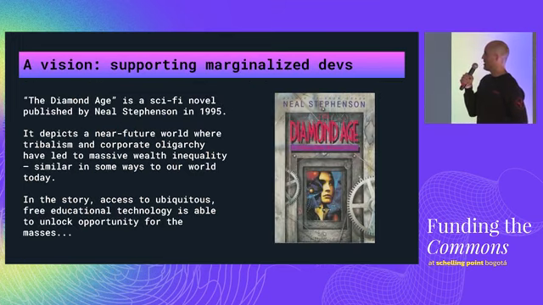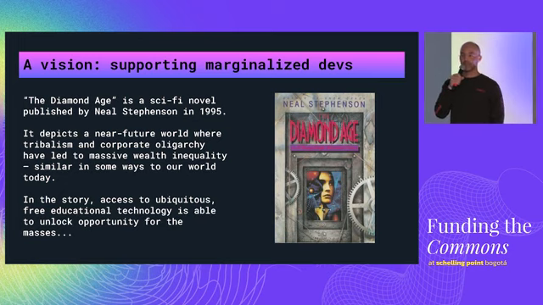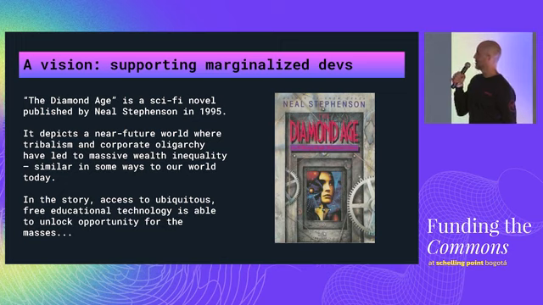Trying to pull some of this together and connect it to some of the themes for this event made me think about a novel that I read back in the 90s. Maybe some of you have read it. It's called The Diamond Age by Neal Stephenson, and it's an incredible look at the future, which now is not that different from the future we're living in, both technologically and economically.